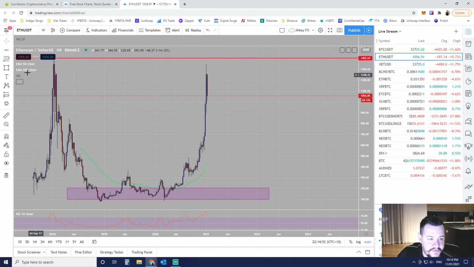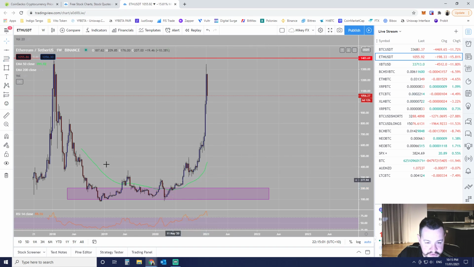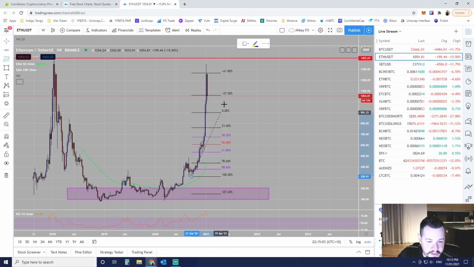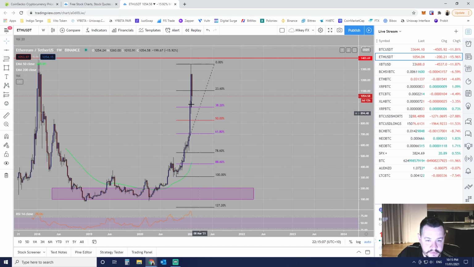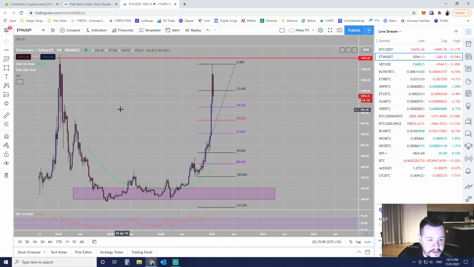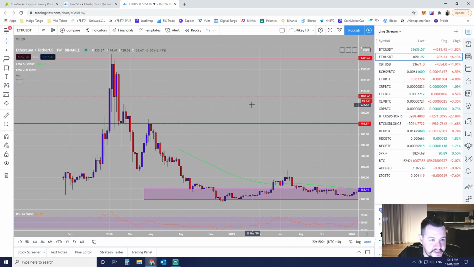Again, on Ethereum, technically we got a bit of a pullback there to the 38.2. So I'm going to draw this fib from here up to here, and we'll see what happens around this level. You can see previous support and resistance is around 800, with multiple touches there on the weekly.